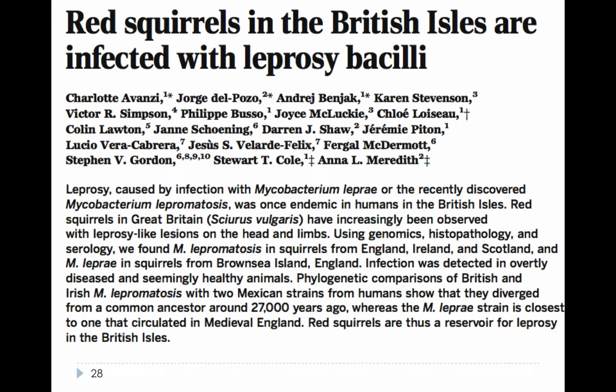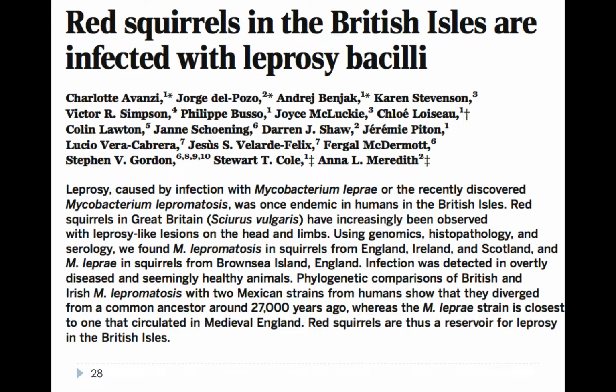So the dogma was that leprosy only lives in humans. There's no environmental reservoir. And then it turns out, just a few years ago, that they could actually find leprosy bacilli in red squirrels in the British Isles. Just totally unbelievable, just amazing.